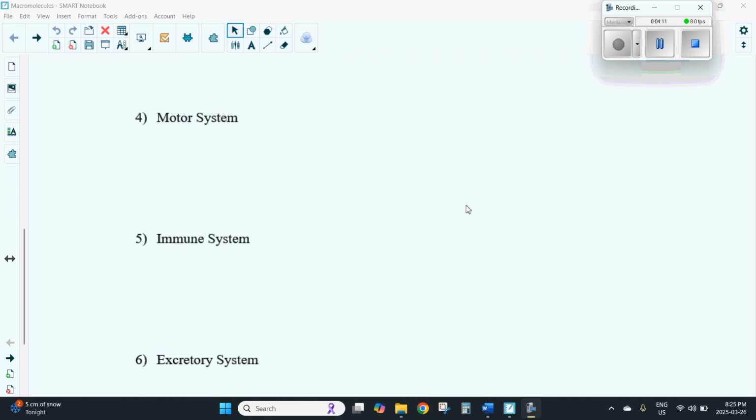The motor system we're going to briefly touch on. You may have talked about the motor system or the muscular system in gym class. It's talking about the different muscle groups and how they function.